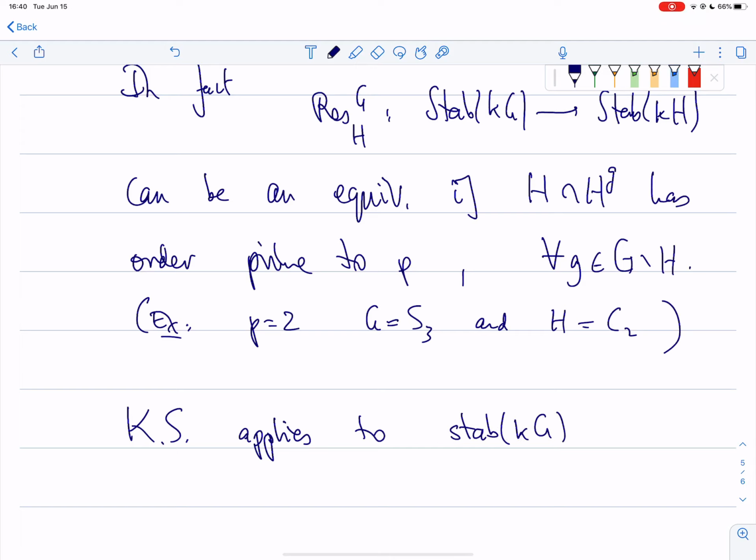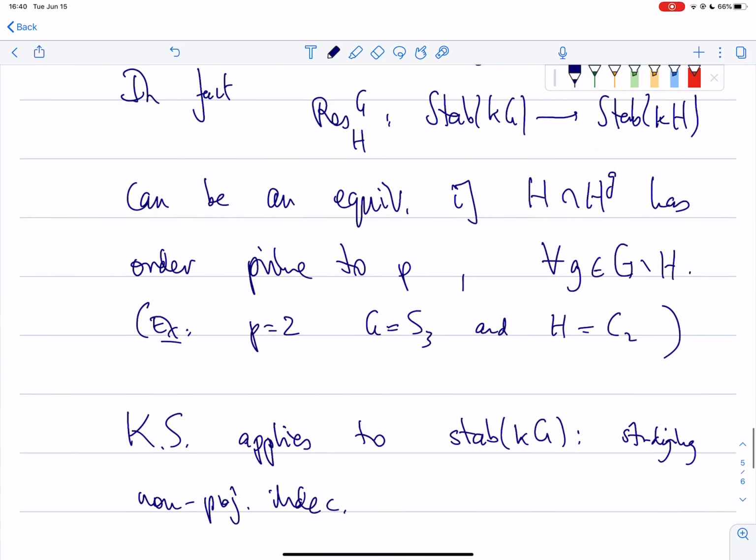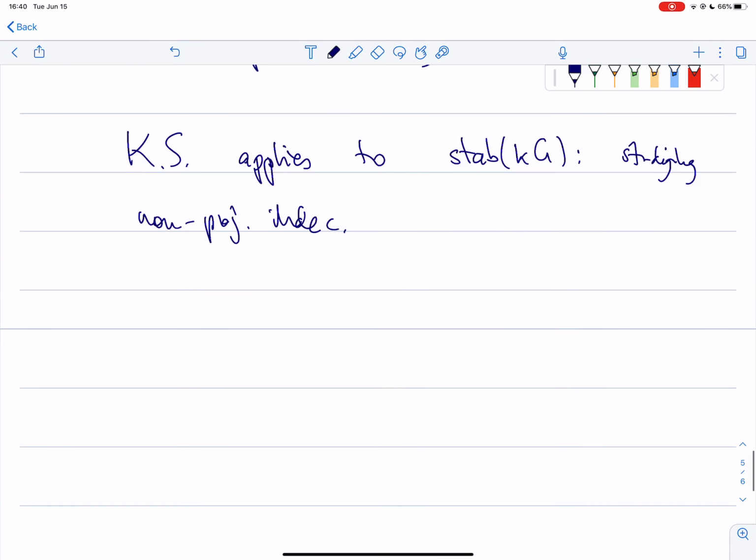And so in some sense, knowing the decomposition of modules in there is the same as studying the non-projective indecomposables. That's what I was saying before. This really contains the information, and Krull-Schmidt for the finite-dimensional ones descends pretty conveniently to the stable category.